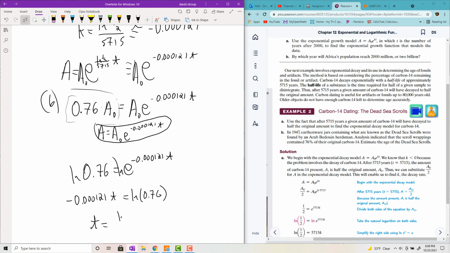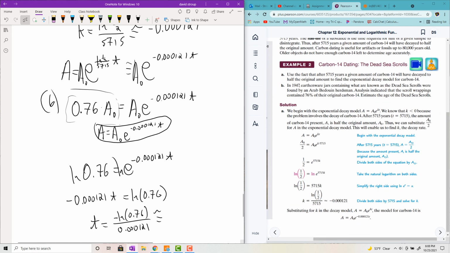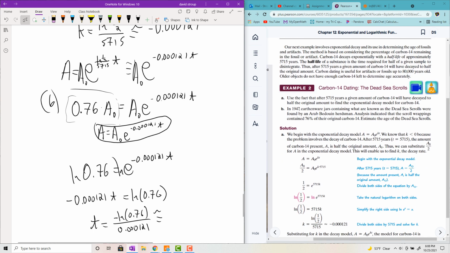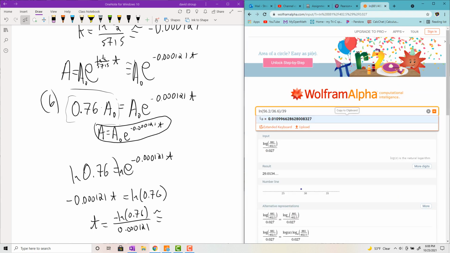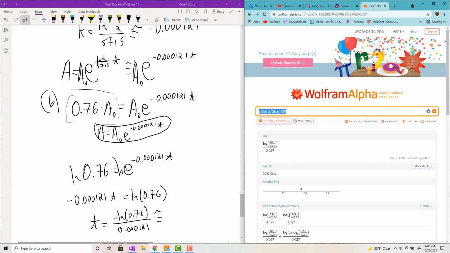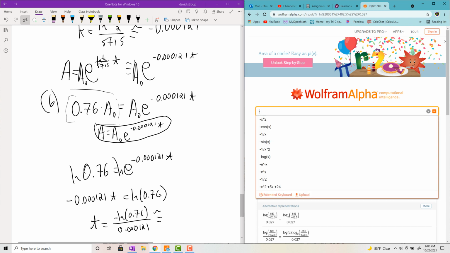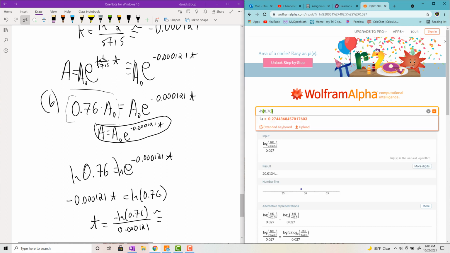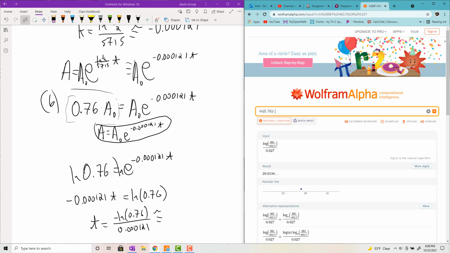So t would be negative ln of 0.76 divided by 0.000121. And we want to get the age, so you just plug that in, and that would be your age: negative ln of 0.76 divided by 0.000121.